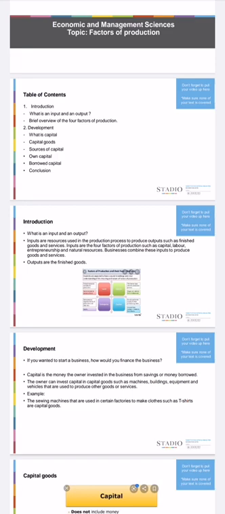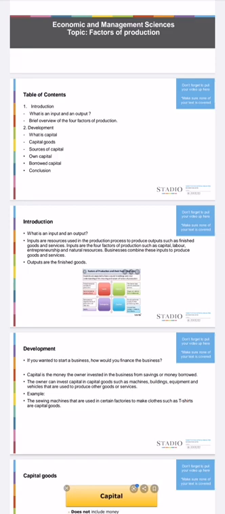We will then do a brief overview of the four factors of production. During the development phase, we will discuss what is capital, capital goods, as well as the sources of capital, either own capital or borrowed capital. Thereafter, we will conclude the lesson with an activity.